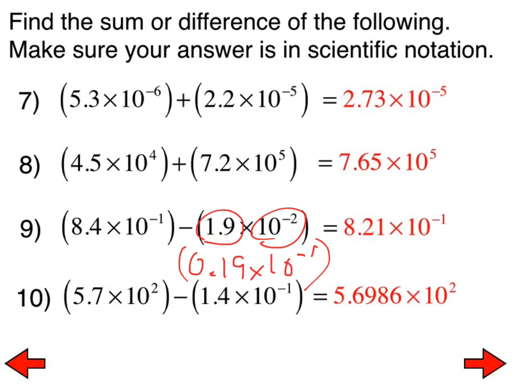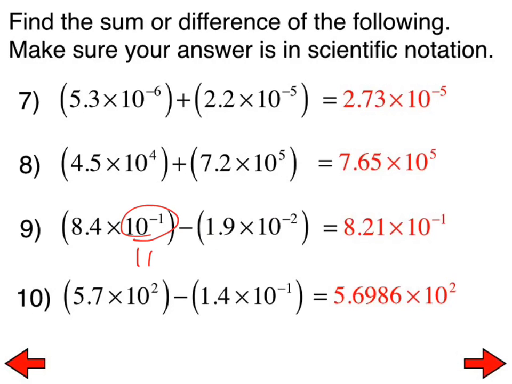If we were to turn them both into the negative 2 exponent on number 9, the answer would be different. Well, the answer that you get would be not in scientific notation. See, if you turn this into 10 to the negative 2, which is a fine starting place, you made it smaller by a power of 10, so you've now got to make this bigger.